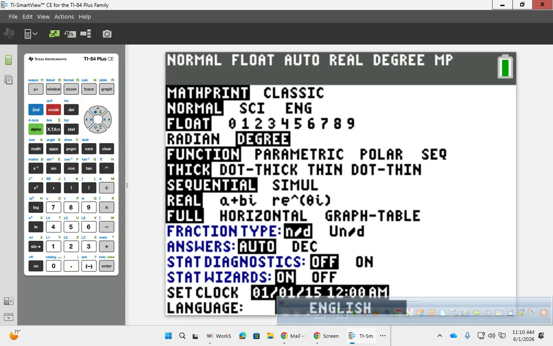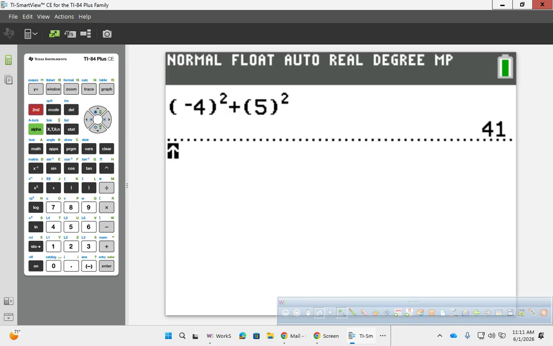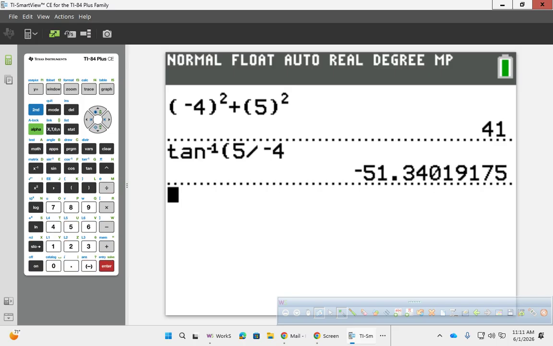My calculator is. I've got that highlighted. Okay? And when I go to do the tangent inverse of 5 over negative 4, that's not a reference angle, right? A reference angle has to be between 0 and 90. So what you do when you're doing a reference angle is you don't include the negative. A reference angle without a negative will put me in quadrant 1, an angle between 0 and 90.